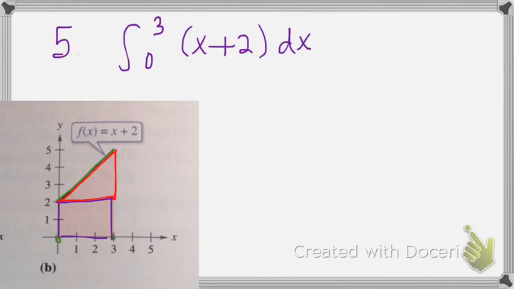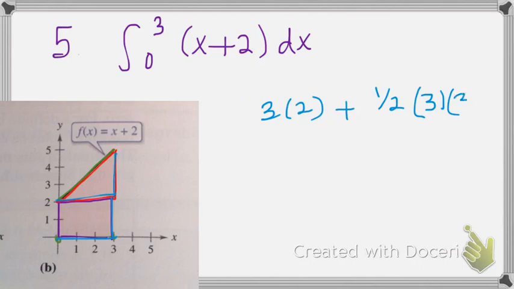The bottom area is going to be 3 times 2 because it's over 3 and up 2. The top area is 1/2 times the base, which is 3, times the height, which is from 2 to 5, so it's also 3. So we have 6 plus 9 over 2, which is 10.5.